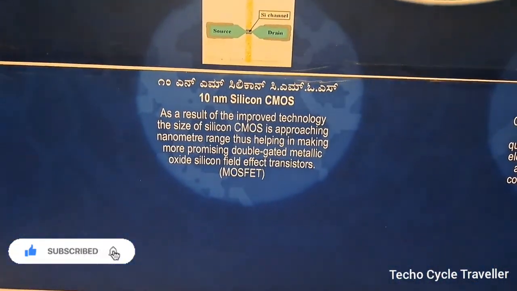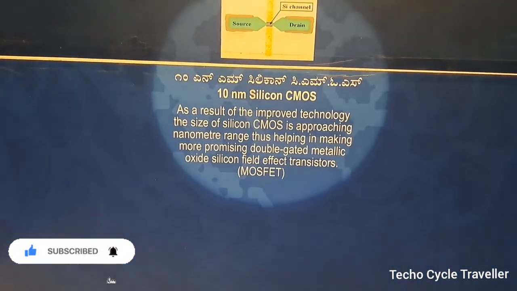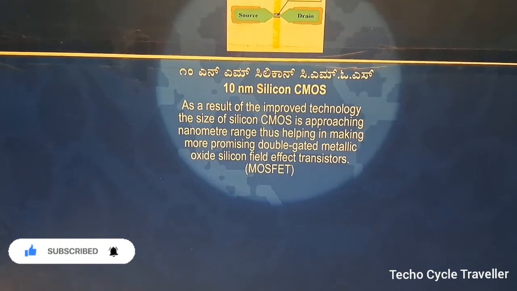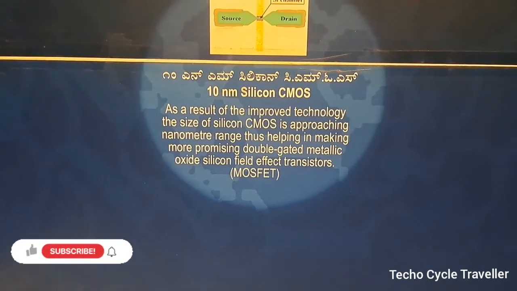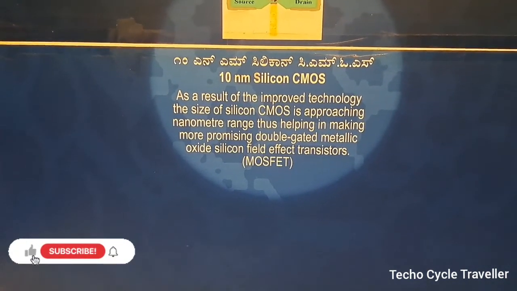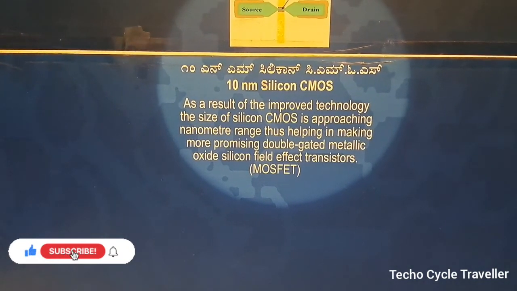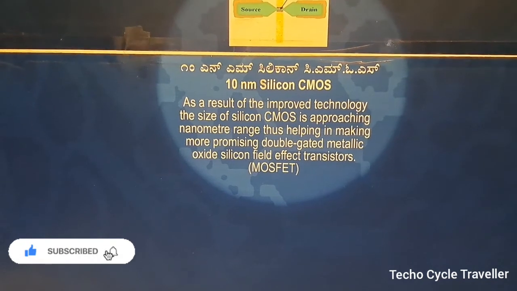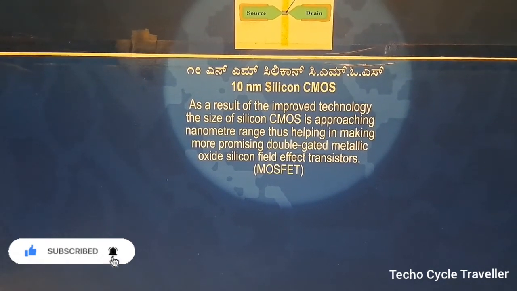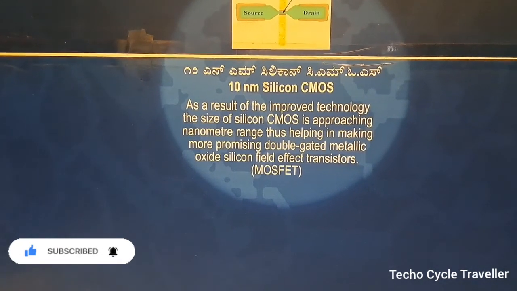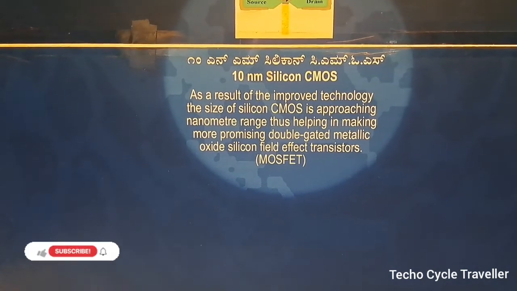Platinum crystals. 10 nanometer silicon CMOS. As a result of the improved technology, the size of silicon CMOS is approaching the nanometer range, thus helping in making more promising double-gated metal oxide silicon field effect transistors, MOSFET.